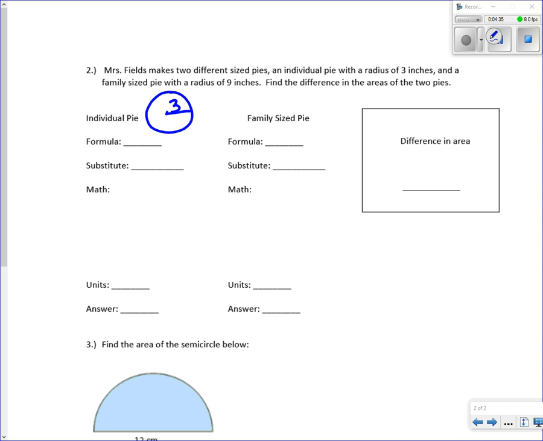The formula we're going to use, like Ms. Nelson said, there's only one: A equals pi r squared. Let's substitute in. So we have 3.14 times 3 squared. 3 times 3 is 9.